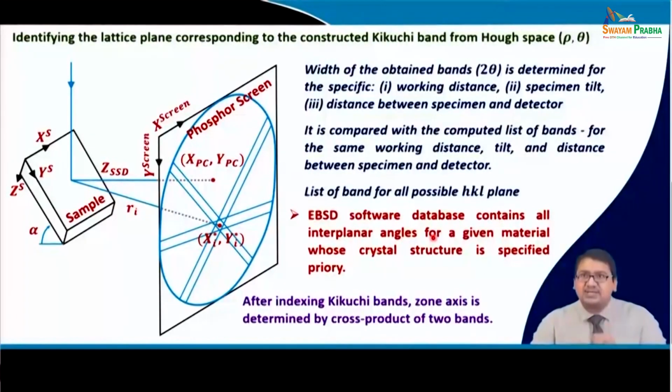In new software there are places where one can just enter this information, and then the software can compute the list of bands that can form for different working distances, different tilt angles, and distances between the specimen and the phosphor screen.